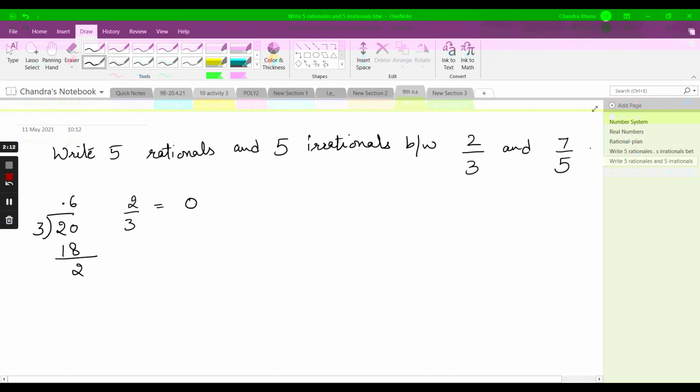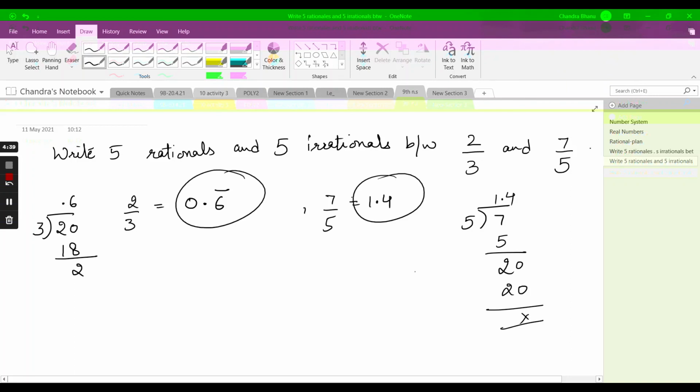So this will be 0.6 bar. Now let's see the decimal expansion of 7 by 5. Let's divide 7 by 5. It's 1.4.